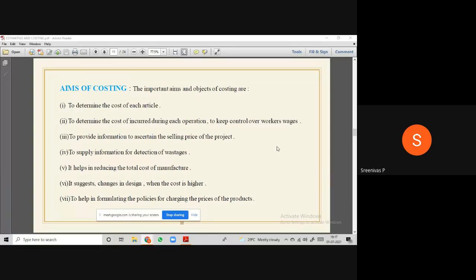It may also be defined as a system which systematically records all the expenditure to determine the cost of manufactured products.